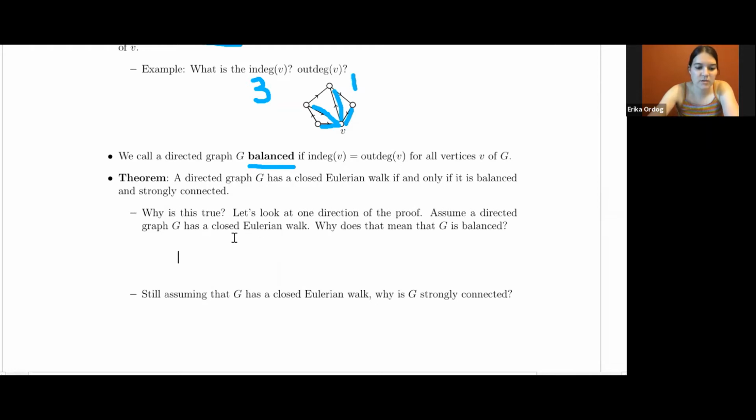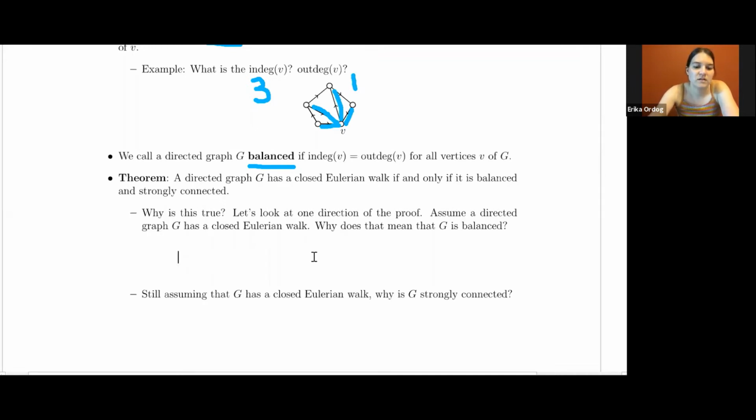Okay, so let's think about what happens in a closed Eulerian walk. We're going to use up all of the edges, and we're going to end where we started. If we use up all of the edges, that also means we have to visit all of the vertices.